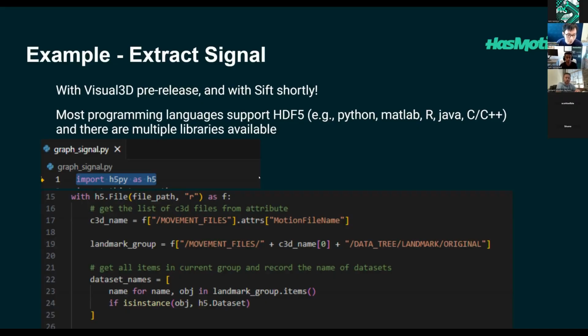Once we have imported the Python library, we can just import any H5 file with the same procedure as how you can open any other file format in Python. And accessing a group or a dataset is exactly the same as how you can access a value within a hash map.